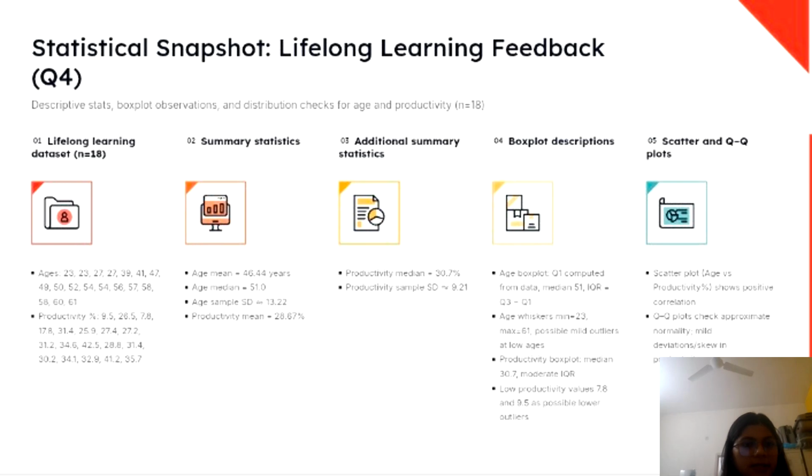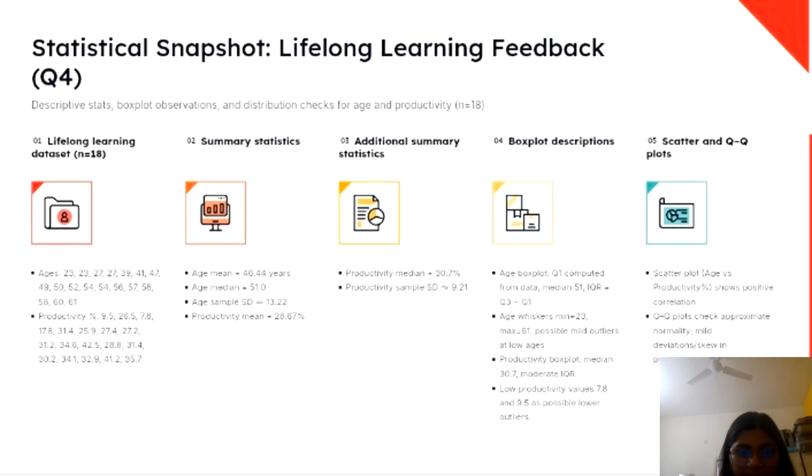Next, lifelong learning statistical snapshot, lifelong learning feedback. Here data is given on ages and productivity. Summary statistics: total number of data sets is 18. Age mean is 40.44 years, median is 51, age sample standard deviation is 13.22.